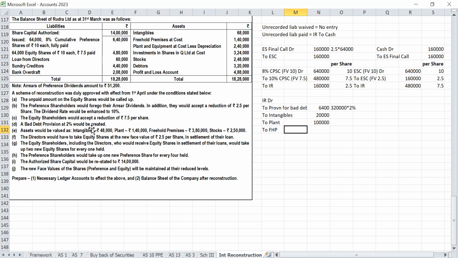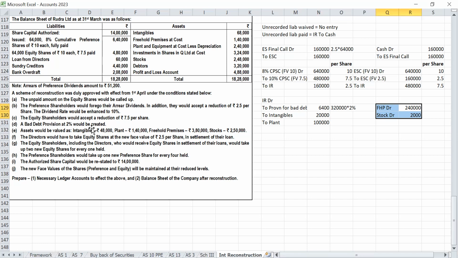Freehold premises: increased. We have to increase that. Stock 250, increase by 2000. So freehold property increase, stock increase. Stock increase by 2000. Freehold premises 380 minus 147, so 240.